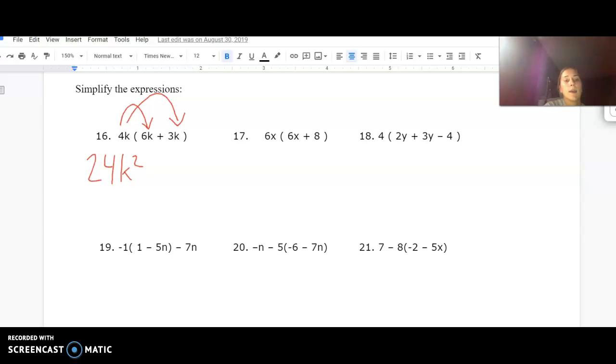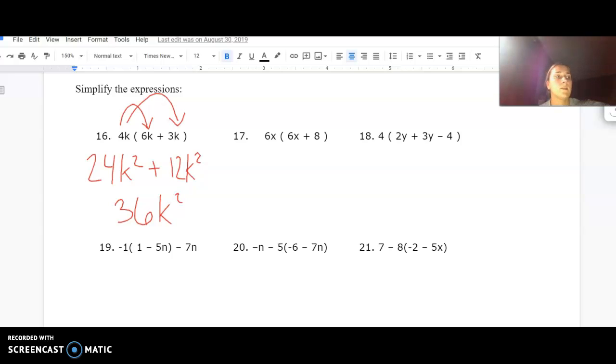Then we have 4k times 3k. So that's going to give us 12k squared. Those can now be combined because those are both squared exponents. So we end up with 36k squared for our final answer there.